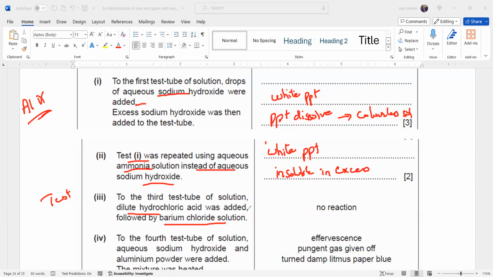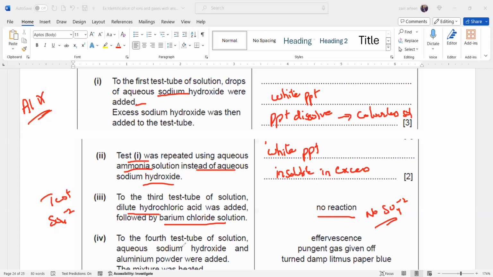So it's a test for the sulfate ion, SO4. If it was a test for the sulfite ion, we would add hydrochloric acid and heat, and test with acidified potassium manganate, which changes from purple to colorless. But here there is no change, no reaction, so this indicates that sulfate is absent. There is no sulfate ion present.